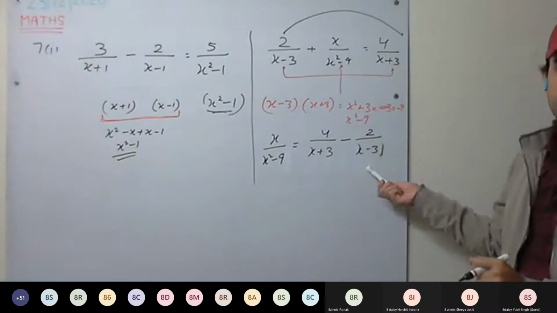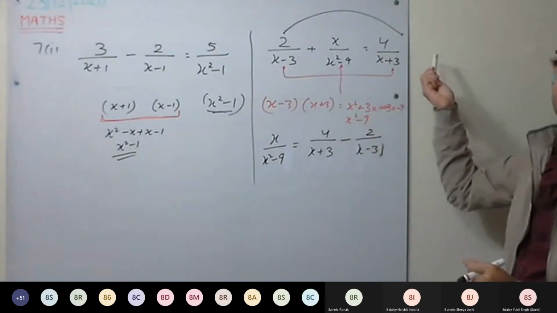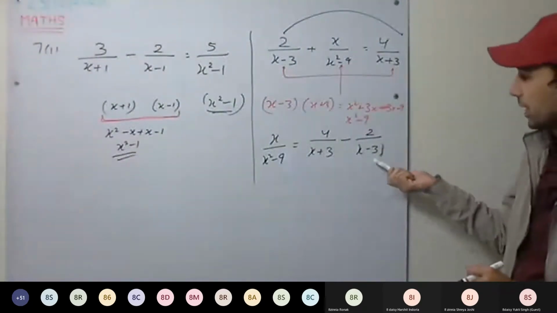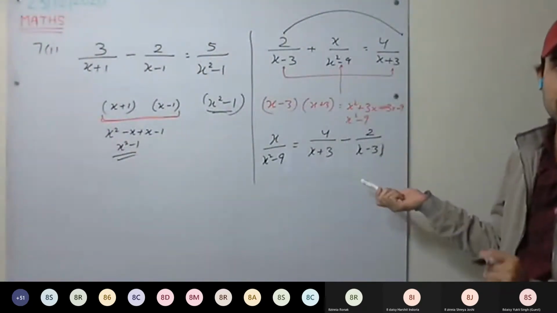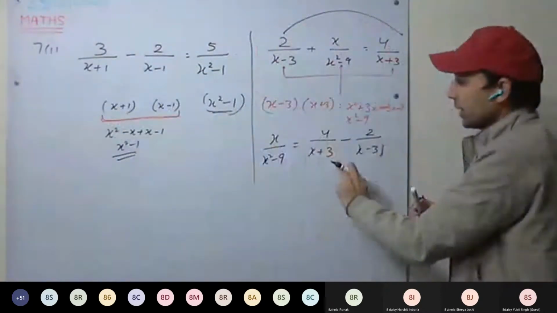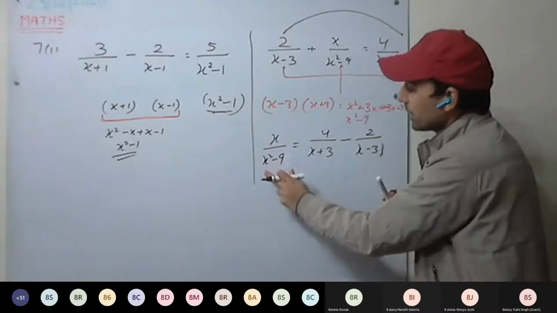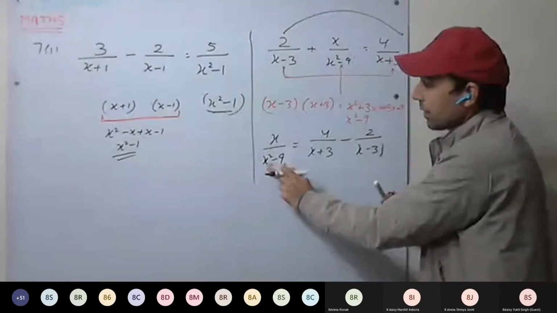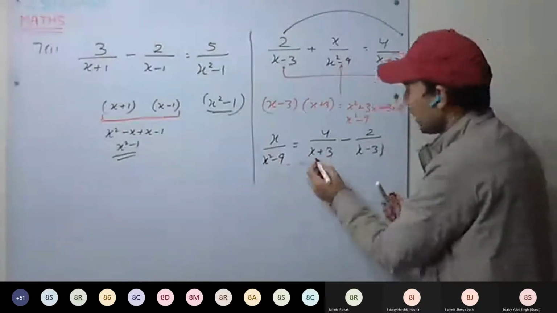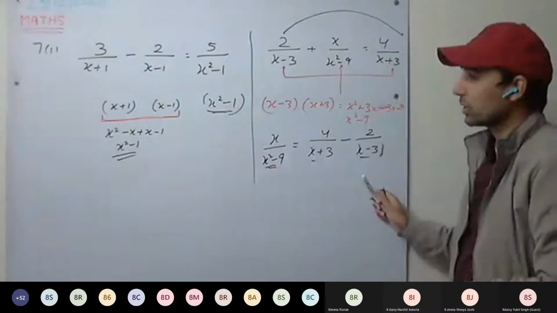If we write like this, we are taking one term from the left hand side to the right hand side. So here it is added, and on the right hand side it will be subtracted. Understood this one? So always, if equations are given like this, always check whether the multiplication of two denominators gives the result such as this. Understood this one?